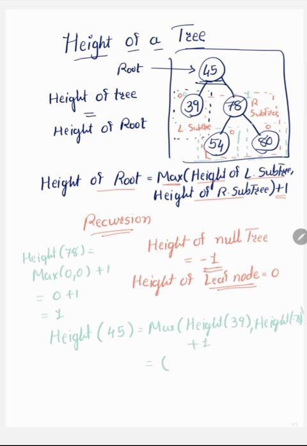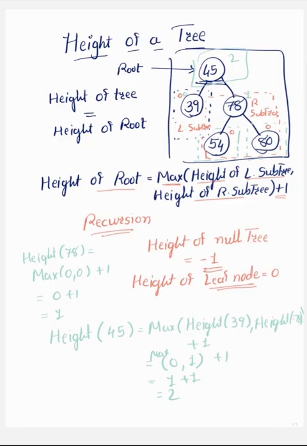The height of 39 is 0. The height of 70 is 1, and the height of 78 is 1. You find the max of it plus 1. So 0, 1, max is 1, plus 1 is 2. Here you get the height of 45, that's 2.